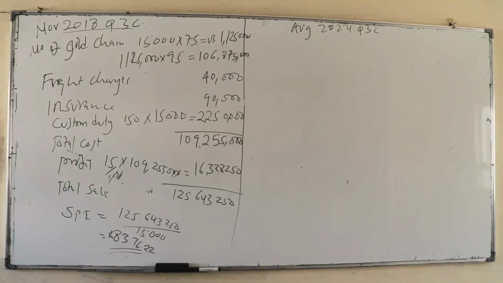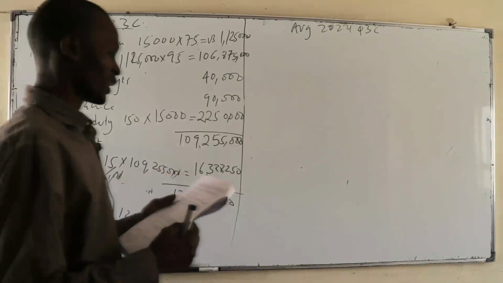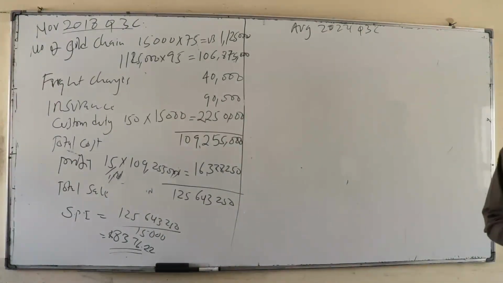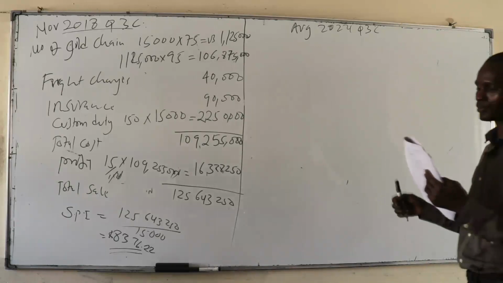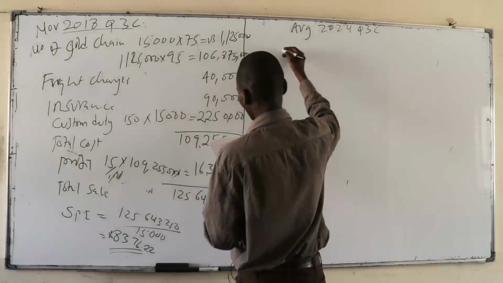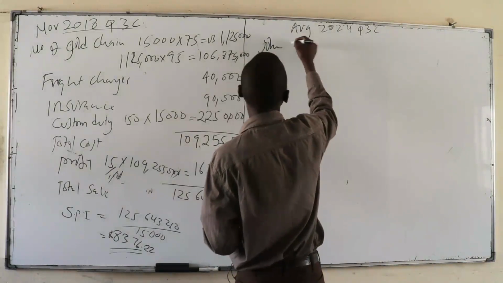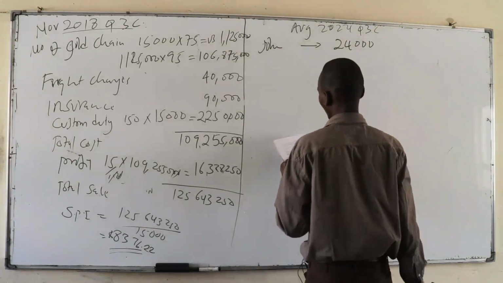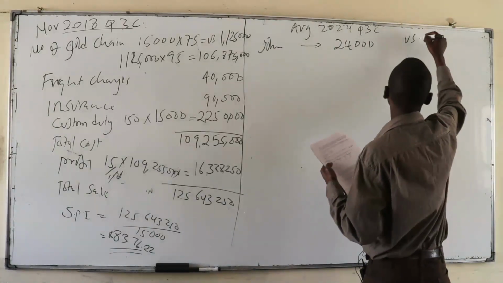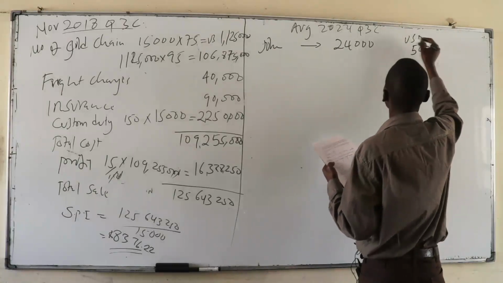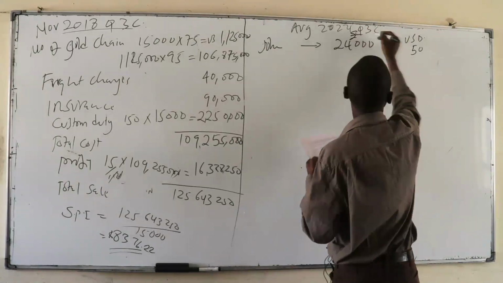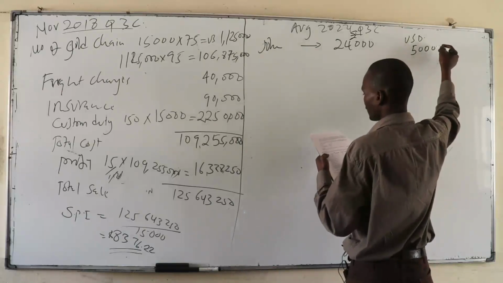August 2021 question 3C. John White, a Canadian customer, came to Kenya with 24,000 sterling pounds. So how much money did John White have? 24,000 sterling pounds, and then USD was 5,000.